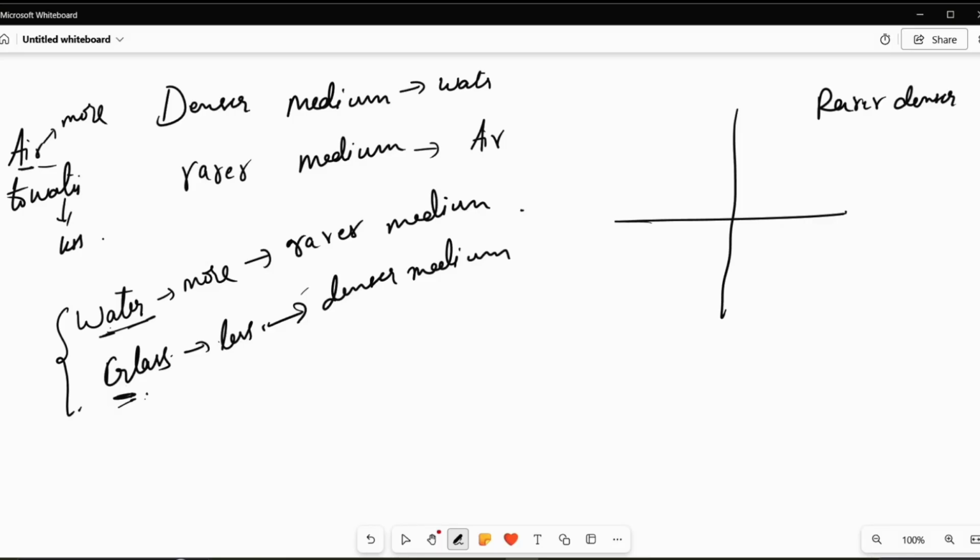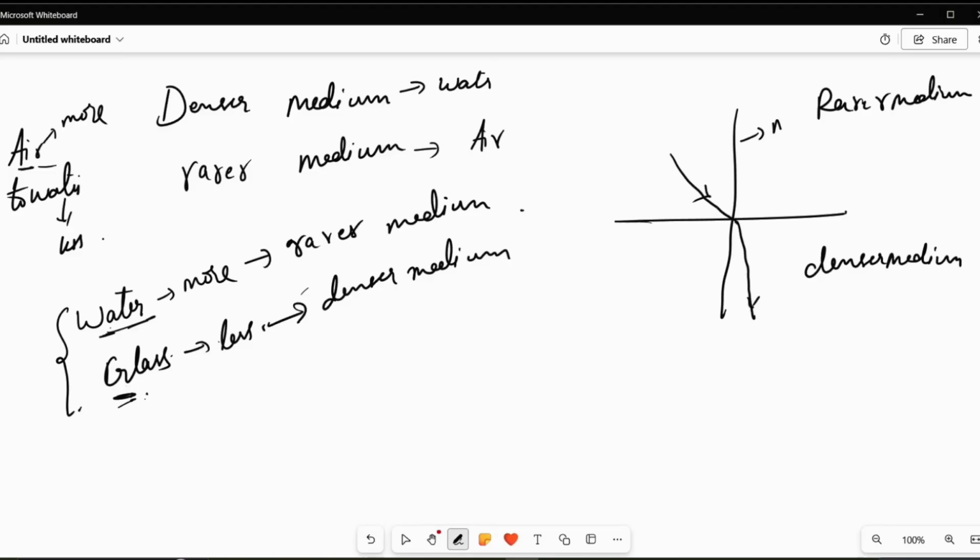Think light is moving from rarer medium to the denser medium. In this case, light bends towards the normal.